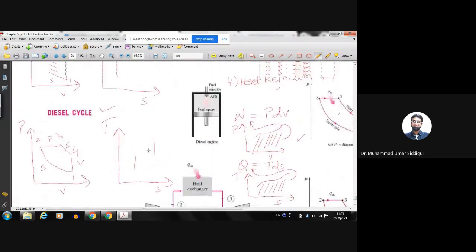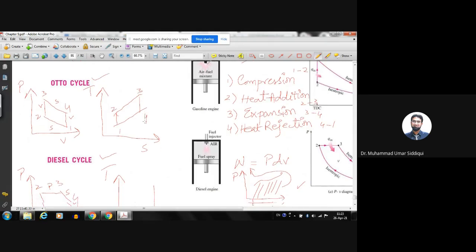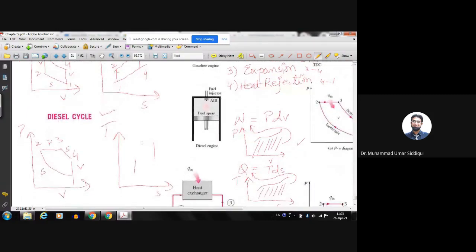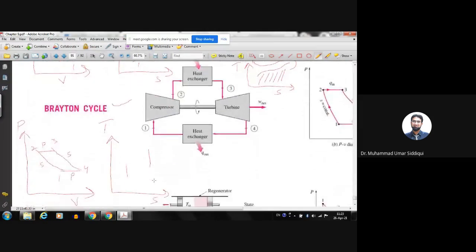Next, we can join them together and name them 1, 2, 3, 4. Again, we join them together and name them 1, 2, 3, 4. Then for the Brayton cycle, join them together, name them 1, 2, 3, 4.